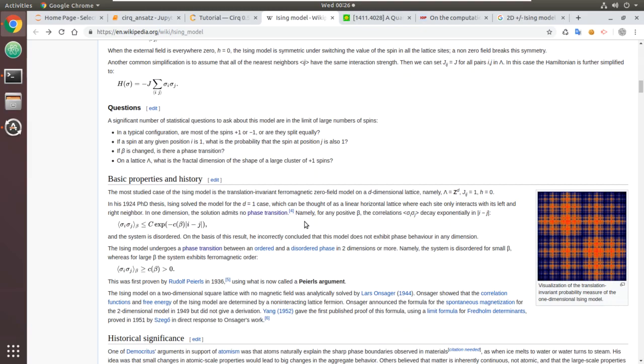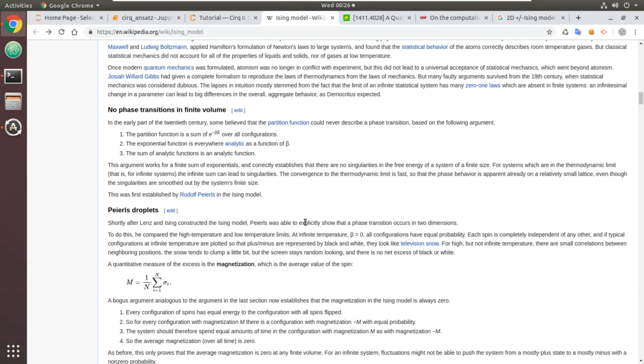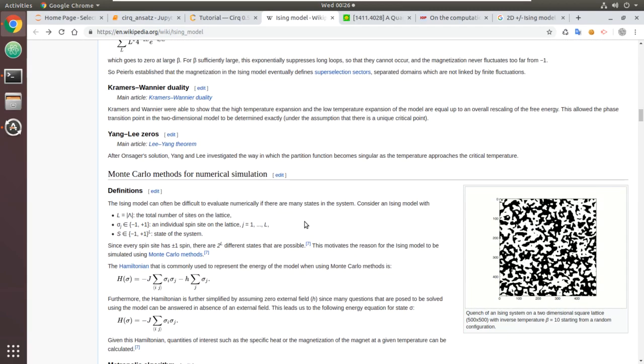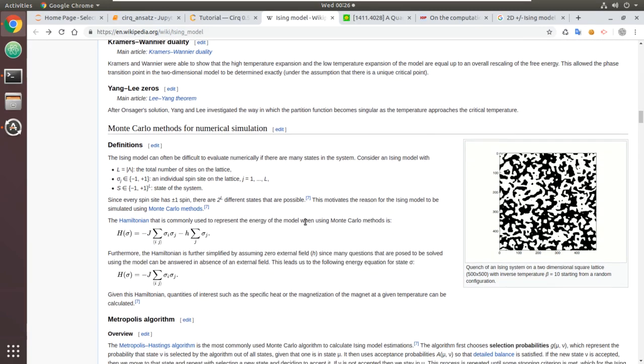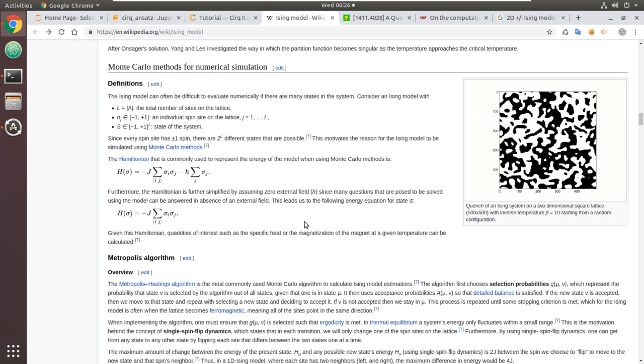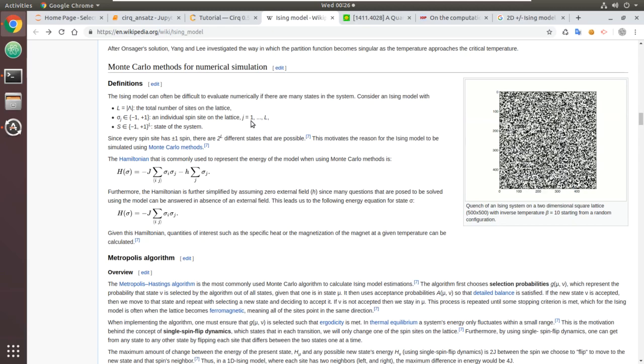Basic properties, historical significance, definitions for the Monte Carlo. Okay. Size of the lattice, J is then 1 to L. Standard system.